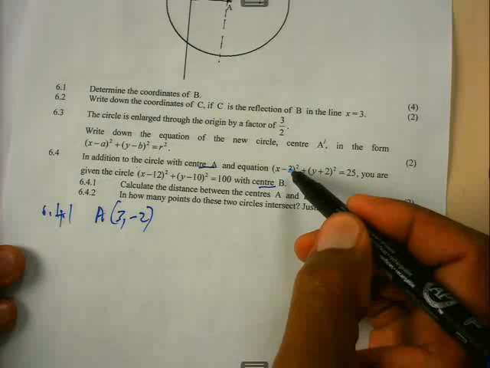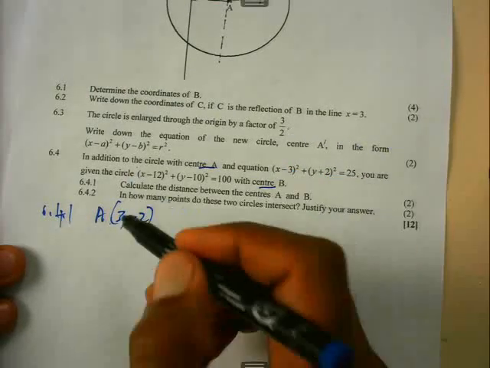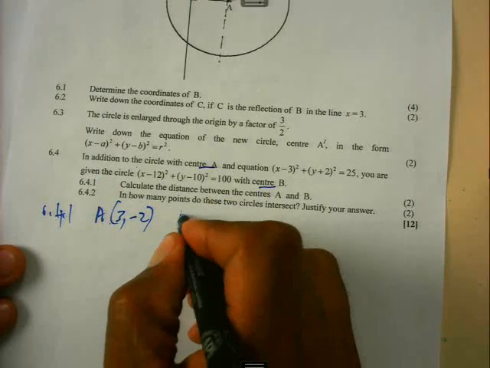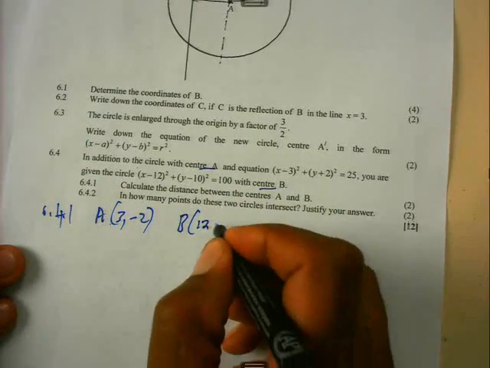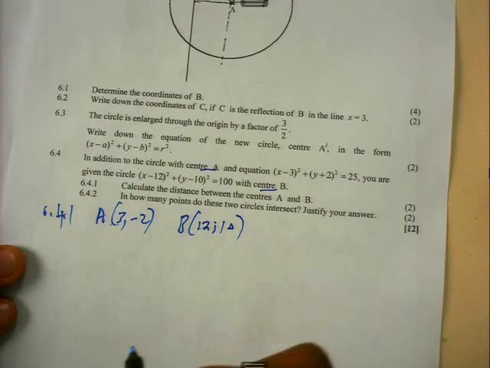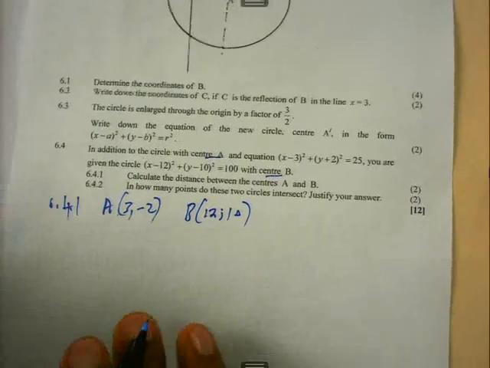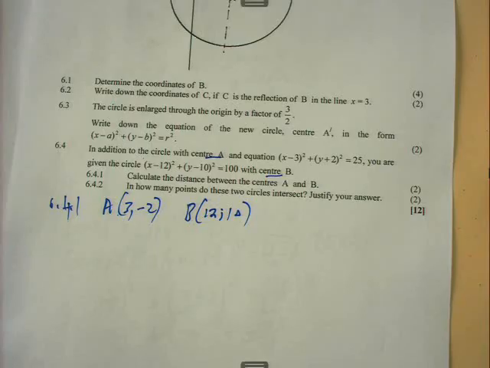Remember, if it's a minus, it will be positive, and if it's a positive, then it's a minus. The second one is B. The center of B is positive 12 as well as positive 10. Now we've identified the coordinates of the centers.